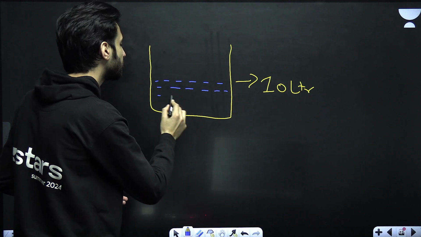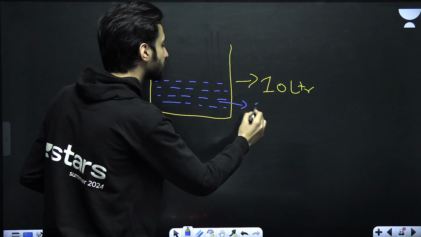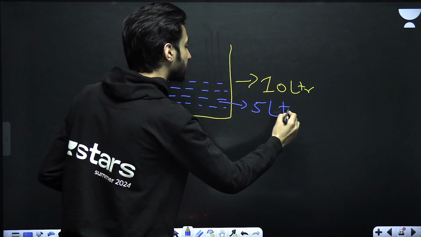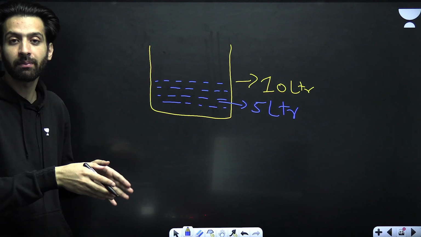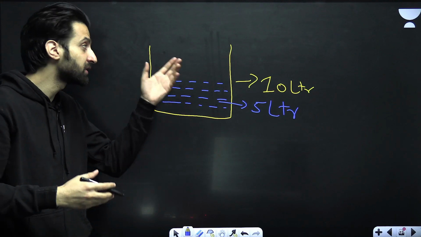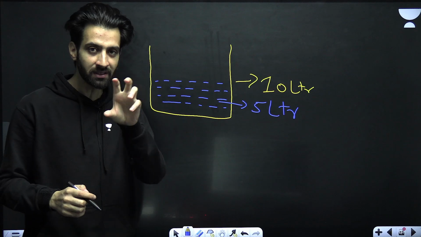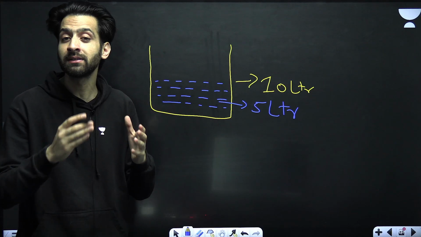So the content in this is 5 liters. So these are two different things: what is the actual capacity of the bucket and how much water is present in the bucket? This is how relative humidity, absolute humidity and other things will work.